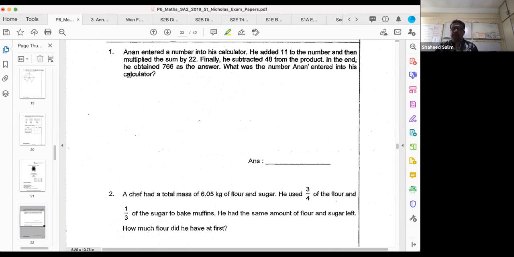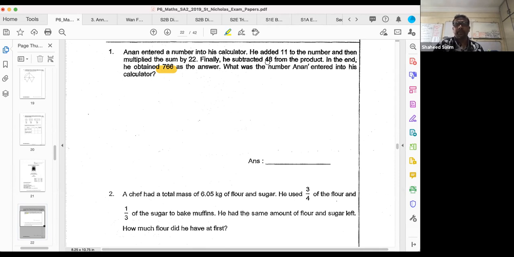Zahin, you work backwards. Start from the end, Zahin. Start from 766. Work backwards. And then do the opposite. That means they say subtracted 48, you go in plus 48. Well done, Zahin. Darwish got to check. Okay, Darwish, we go through together. 766 plus 48.